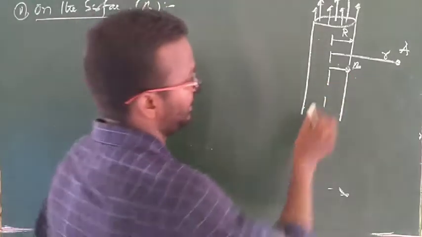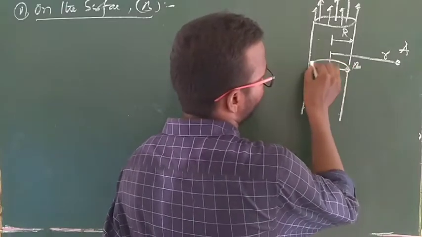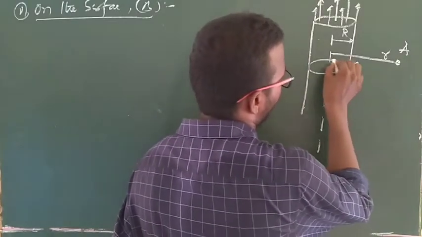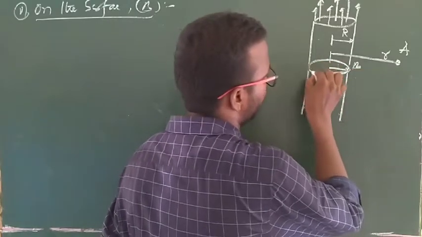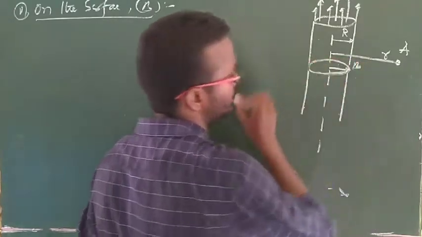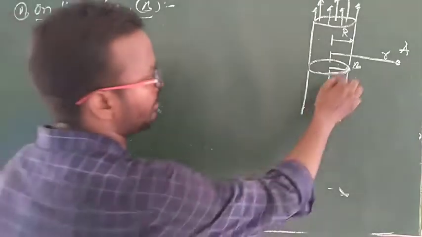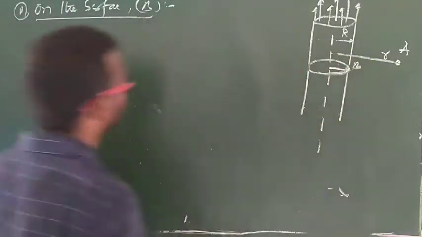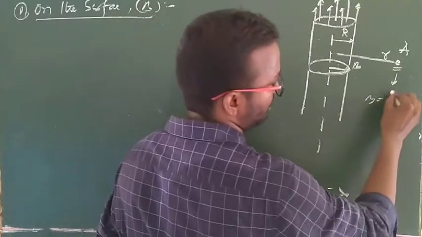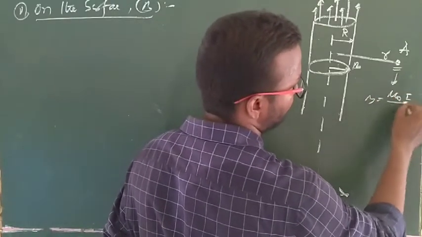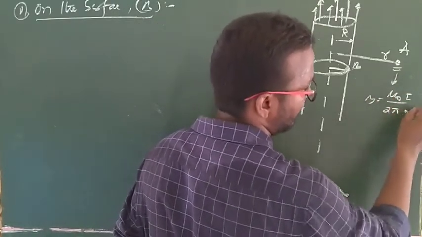Clear? So in this case we have to draw an imaginary Amperian loop which coincides with the surface of the cylinder. Clear? And this distance is r. As we know, for the outside point, the magnetic field B equals mu naught I by 2 pi r.